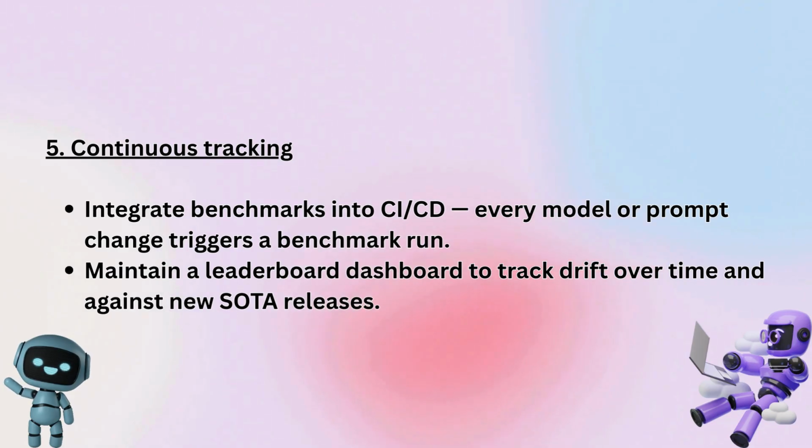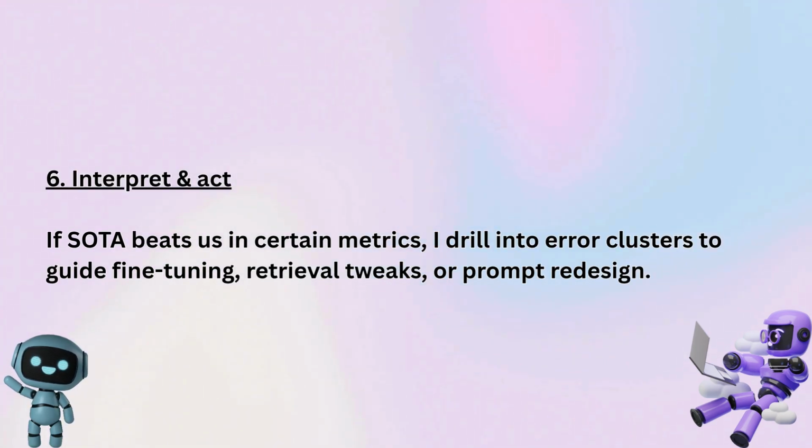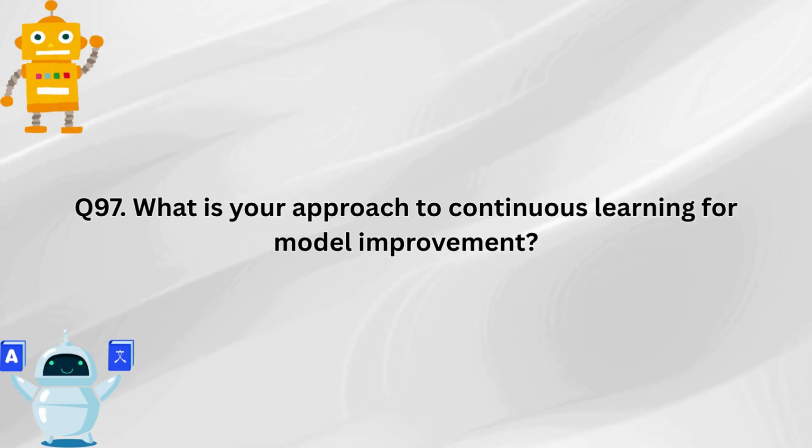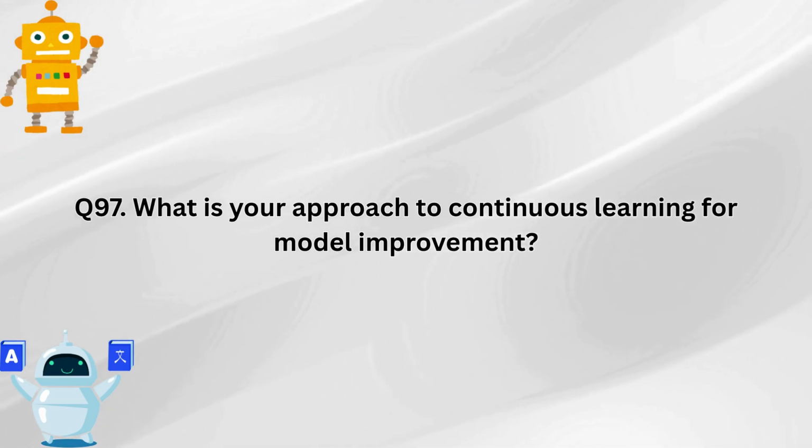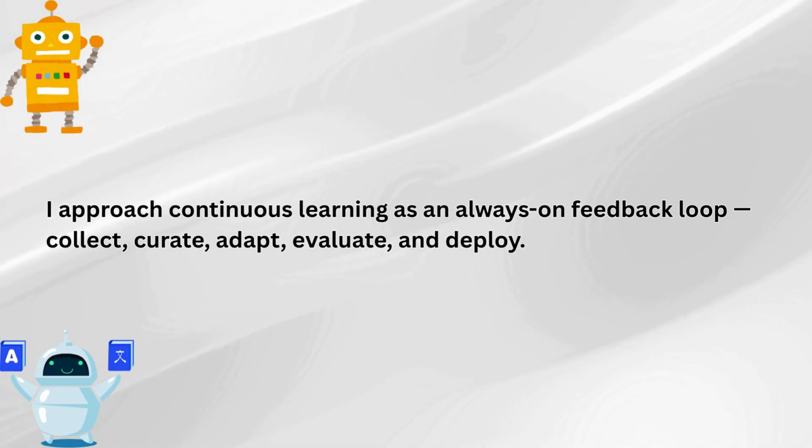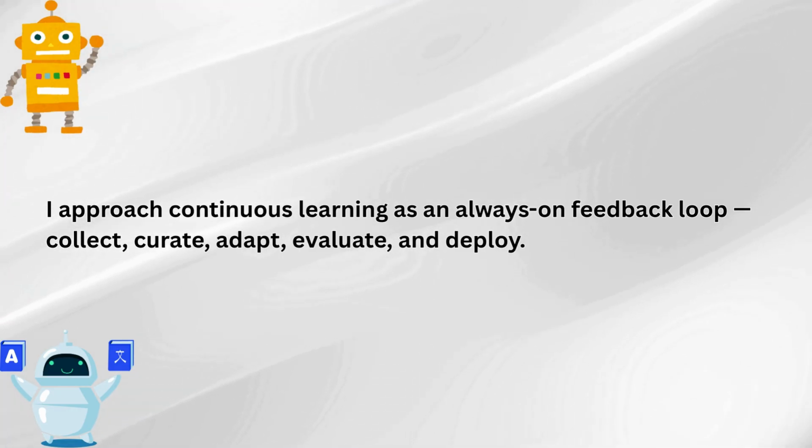Maintain a leaderboard dashboard to track drift over time and against new SOTA releases. 6th, interpret and act. If SOTA beats us in certain metrics, I drill into error clusters to guide fine-tuning, retrieval tweaks, or prompt redesign. What is your approach to continuous learning for model improvement? I approach continuous learning as an always-on feedback loop.